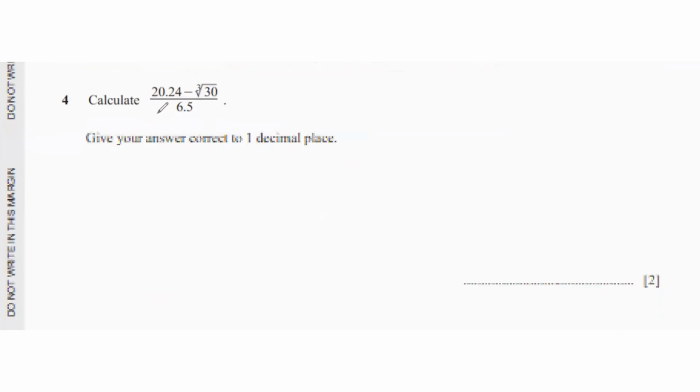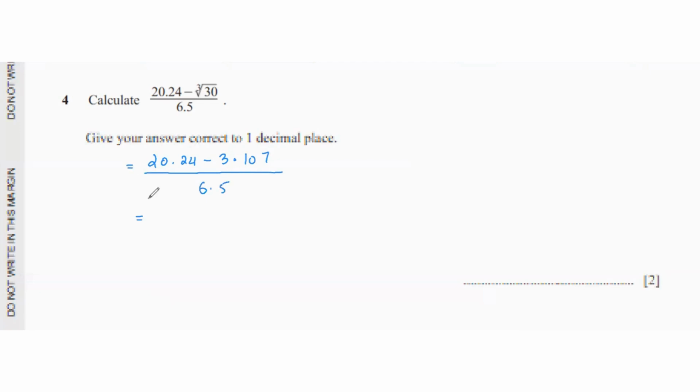Question 4 says calculate 20.24 minus the cube root of 30 over 6.5. Give your answer correct to one decimal place. So cube root of 30 is going to be 3.107. So we divide this by 6.5.